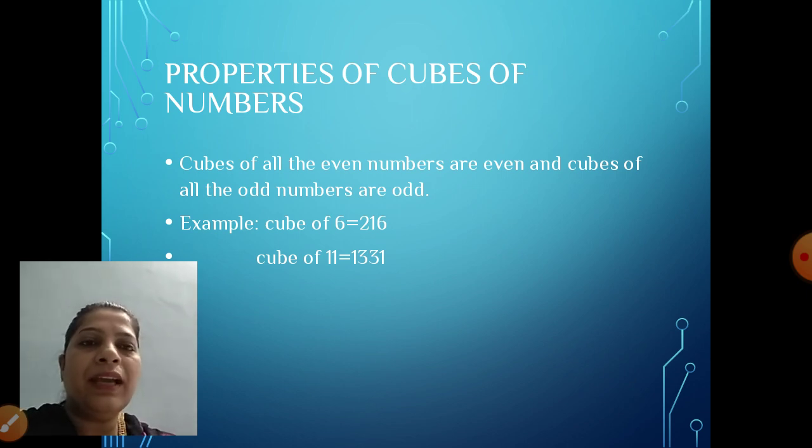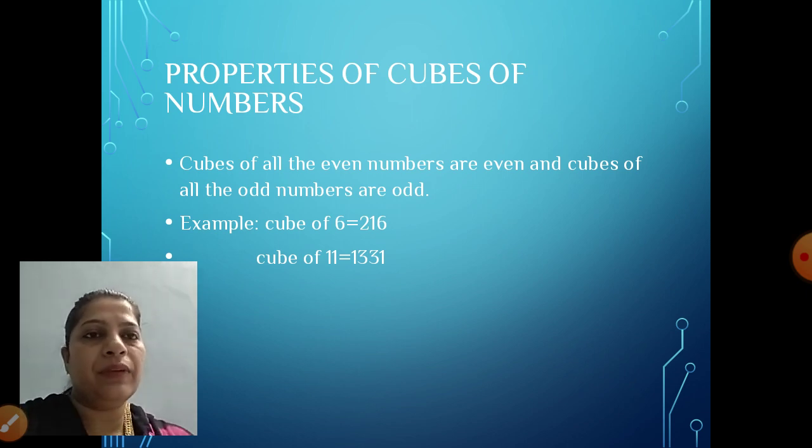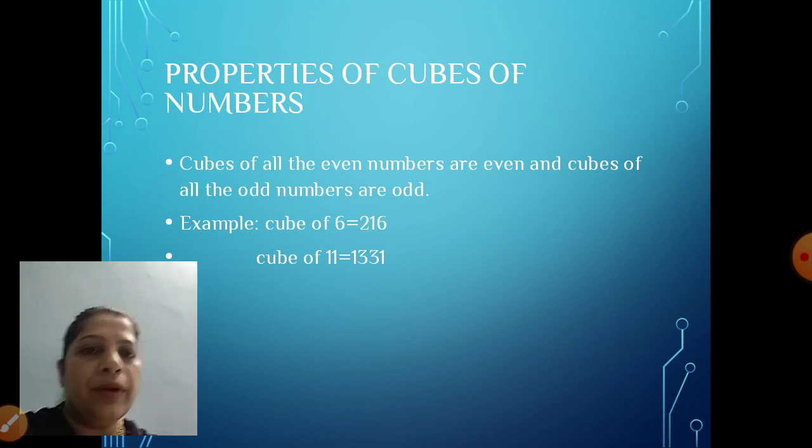Now, like the properties of square numbers, we have the properties of cube numbers also. What is our first property? That cubes of all even numbers are even, and cubes of all odd numbers are odd. I have given examples also.